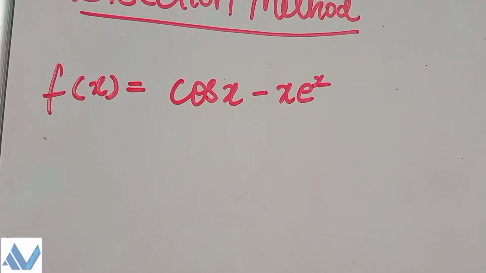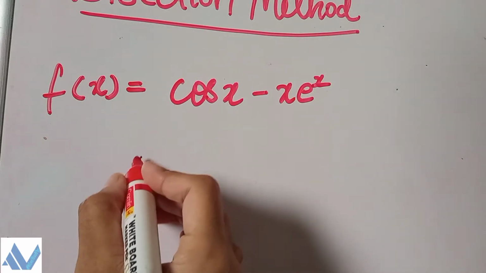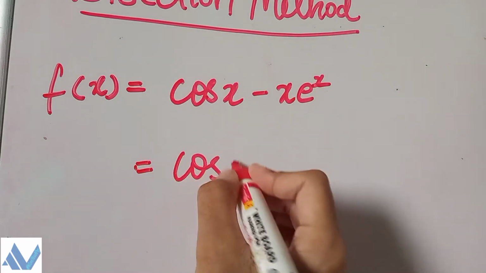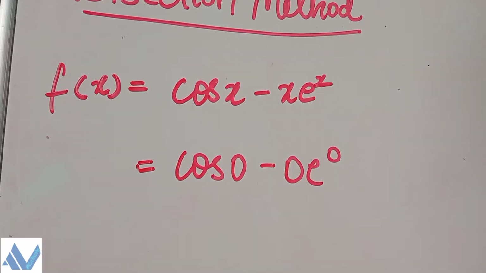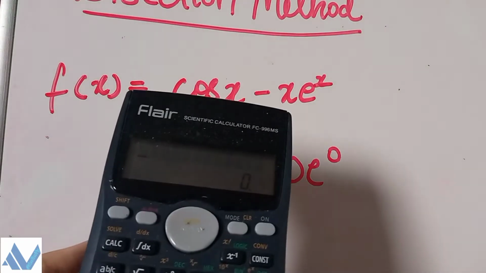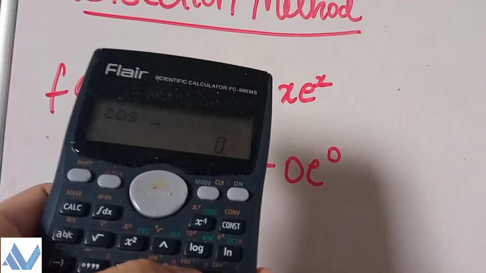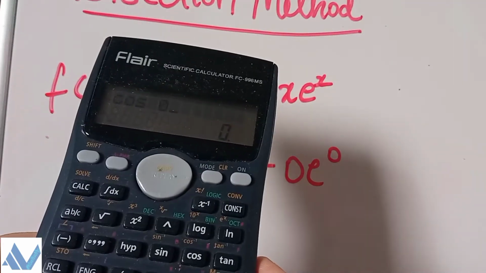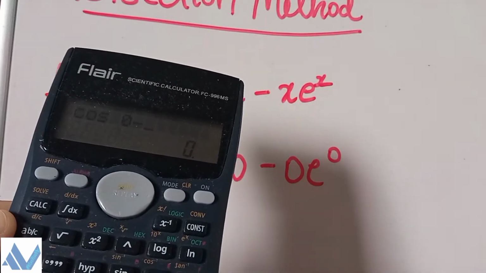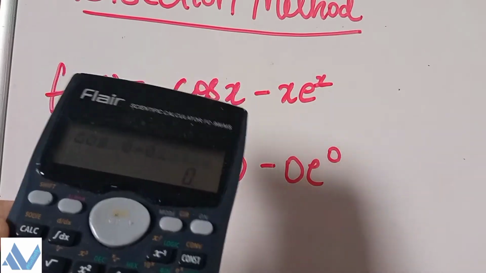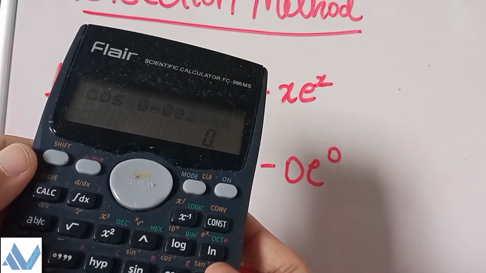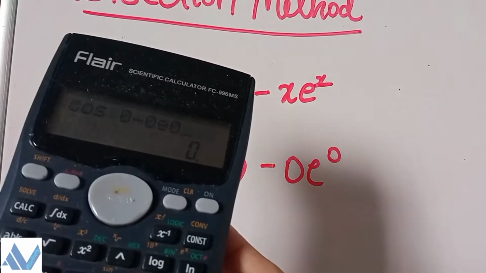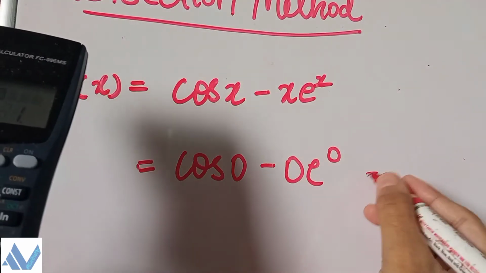Just like how we have substituted 0, we have to substitute 0 in the given equation, and let's calculate cos 0 on a calculator. First, press cos, put 0 like the equation, minus 0, and to get e you have to shift and press the button ln, and again put 0, so it is 1.